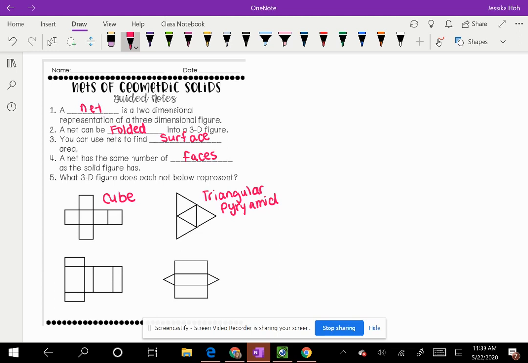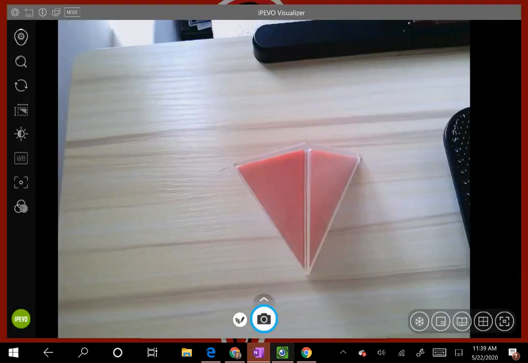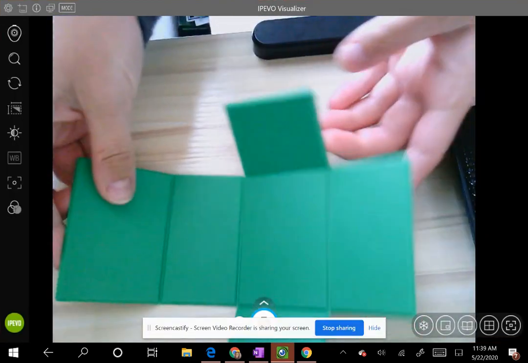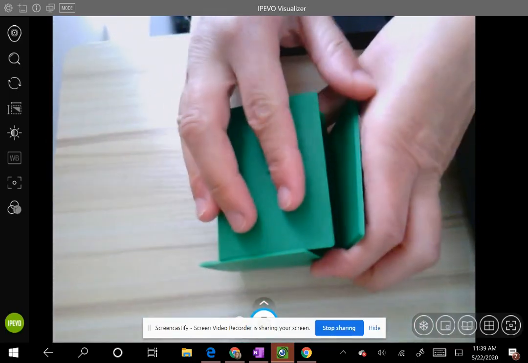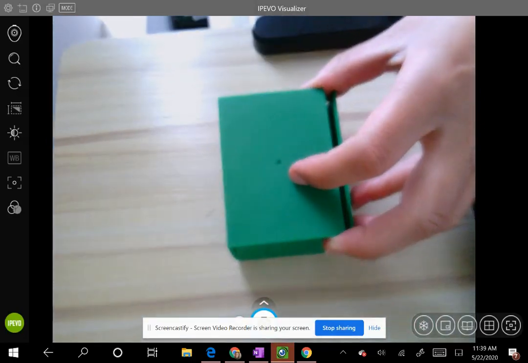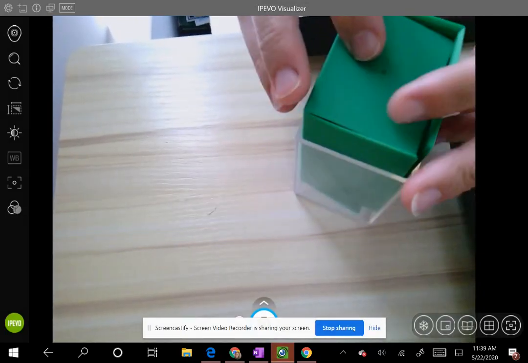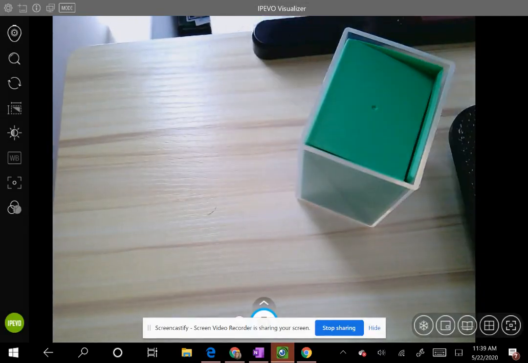All right, next, I fold this up. I have a rectangular prism.